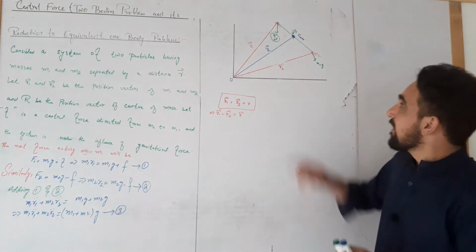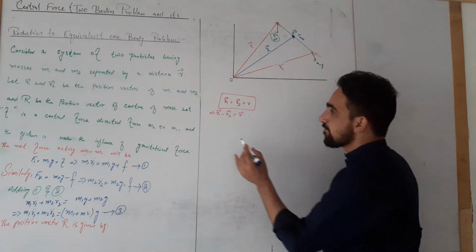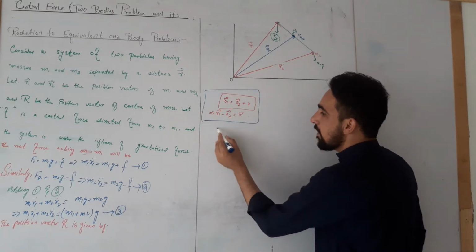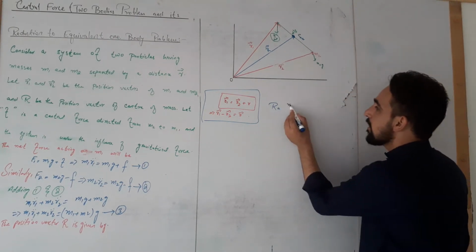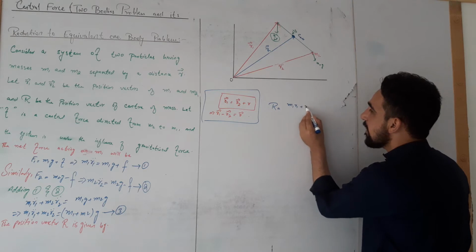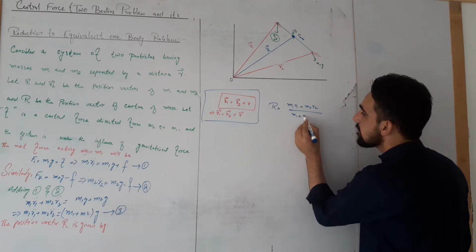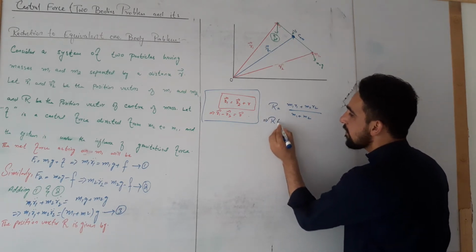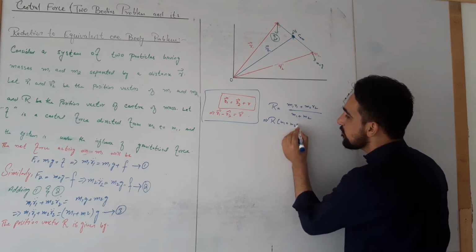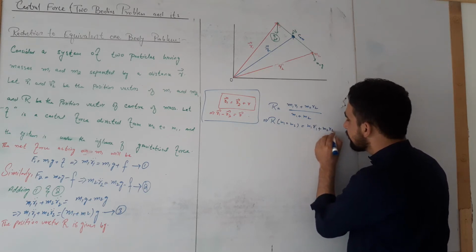We know that R, the position vector of the center of mass, is equal to (m1 r1 plus m2 r2) divided by (m1 plus m2). This implies that R times (m1 plus m2) is equal to m1 r1 plus m2 r2.